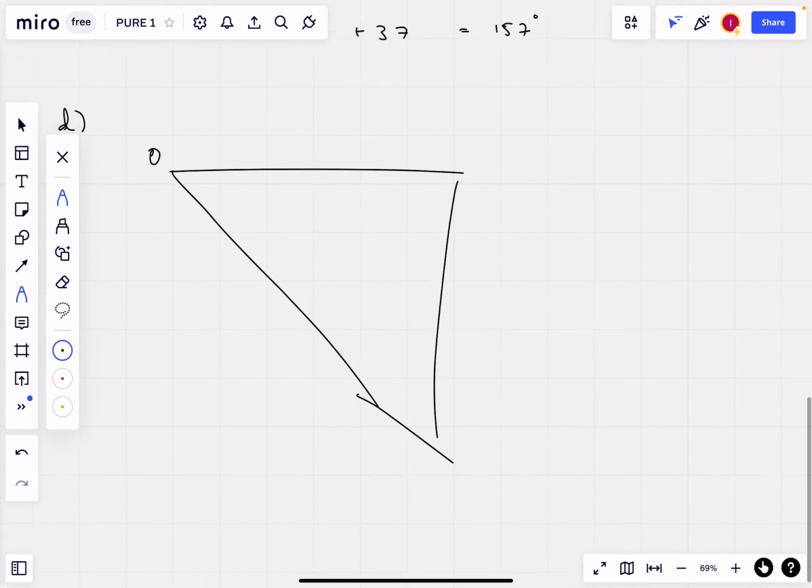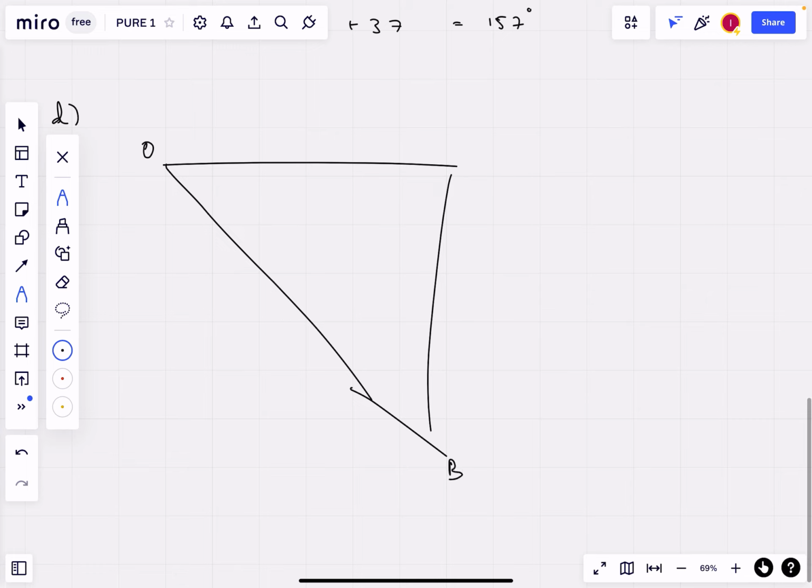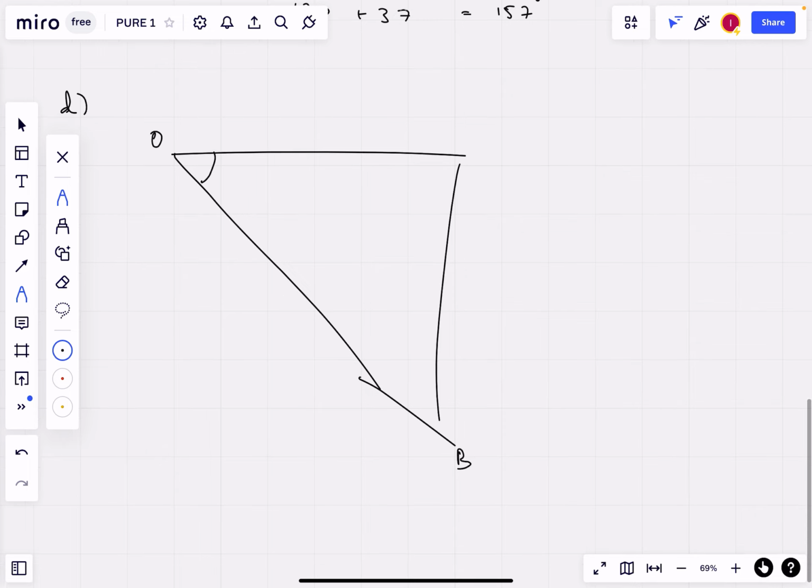O. Let's make that B. This angle will be what? That's going to be 67 degrees because it's relative to north. We know the whole thing is 157 and we know that that's a right angle.